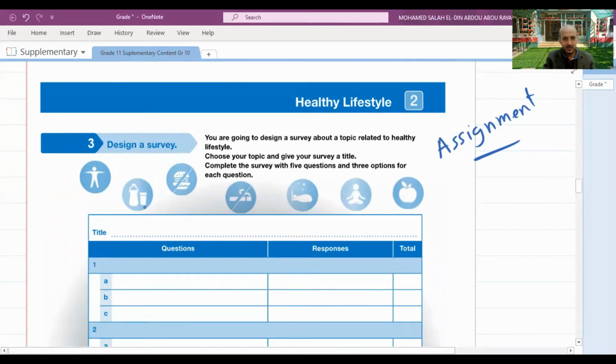In this survey, number 1, you need to choose a topic. Any topic, Mr. Muhammad? No. You need to choose a topic related to a healthy lifestyle. Here are some pictures that can help you see what kind of healthy lifestyle, like for example, food, sport.